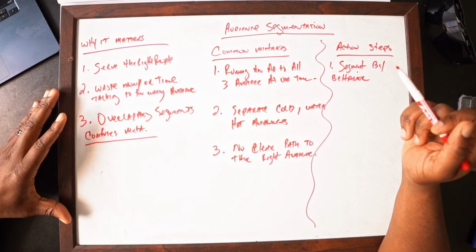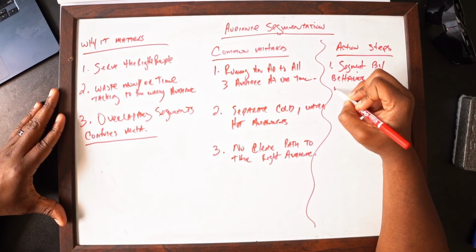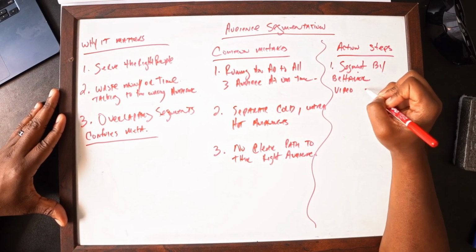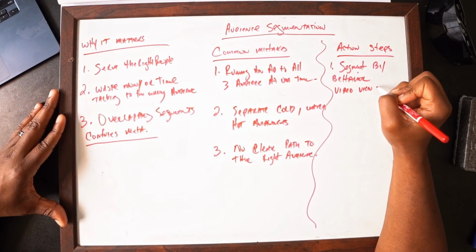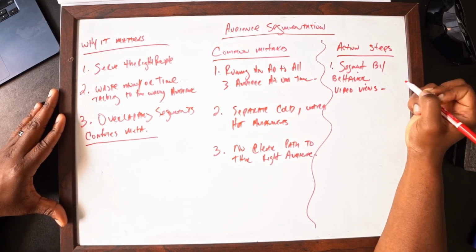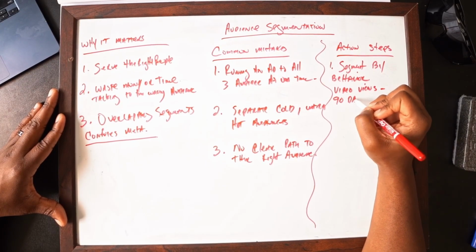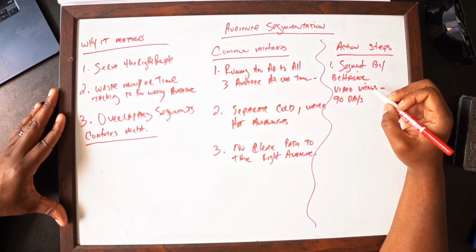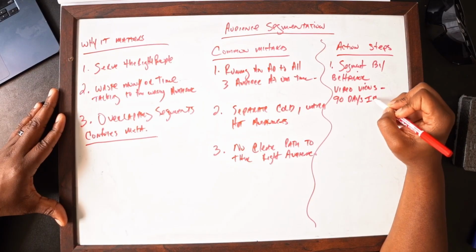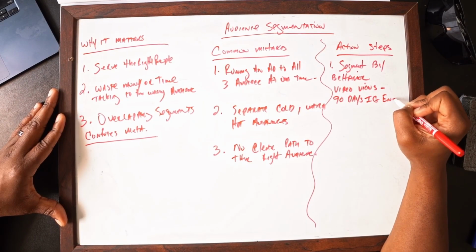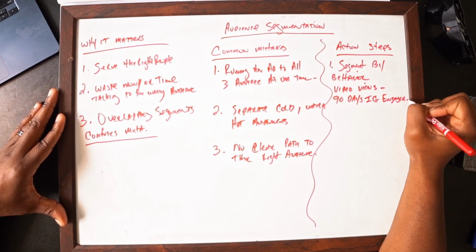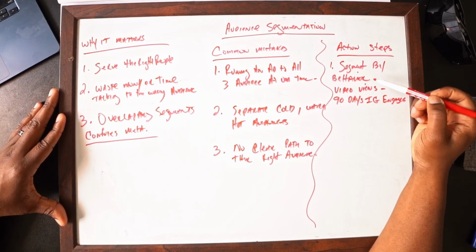Because you're segmenting by behavior. When you segment by behavior, you're segmenting by, here's what I mean, by video views, okay? You're segmenting by, right, 90 days of IG engagers, okay? So here's two cool examples for you guys, all right? You have to segment by behavior.